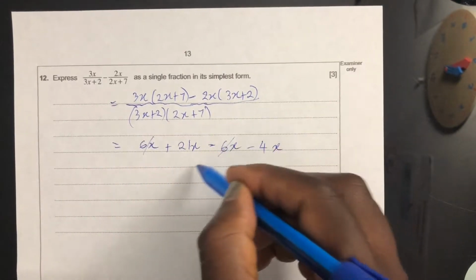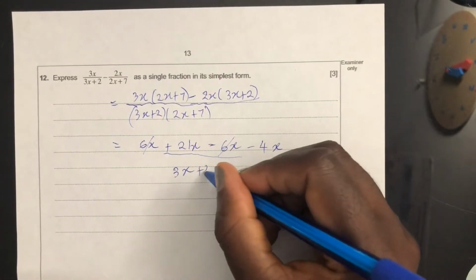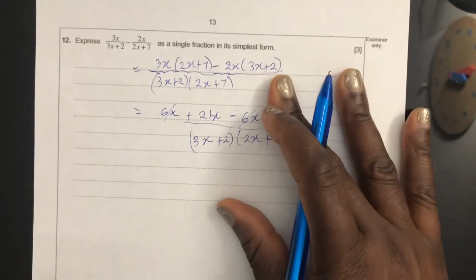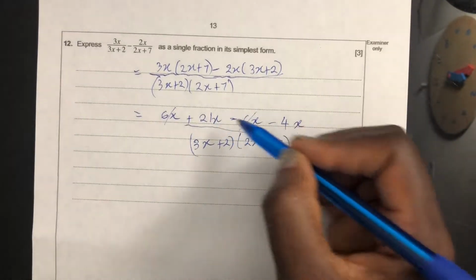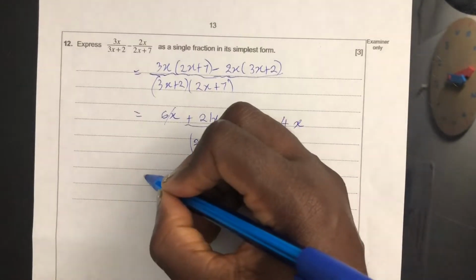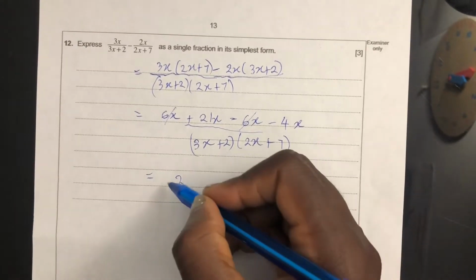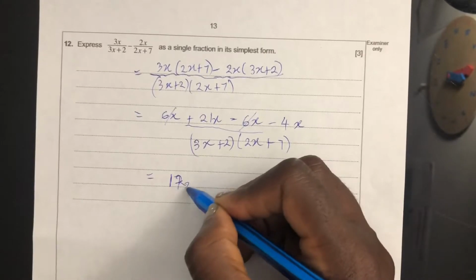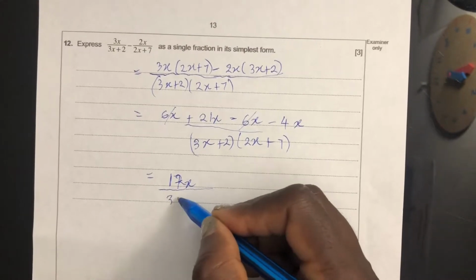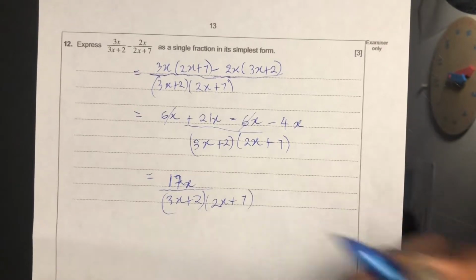The 6x squared is going to cancel the minus 6x squared, and what we will be left with is 21x minus 4x, which is 17x. That would be 17x over 3x plus 2 times 2x plus 7. I think that question has been answered.